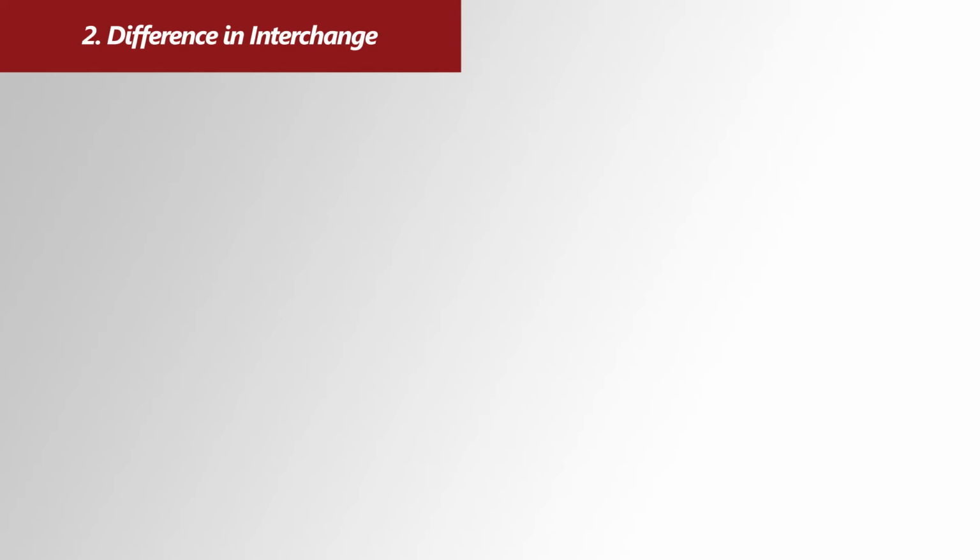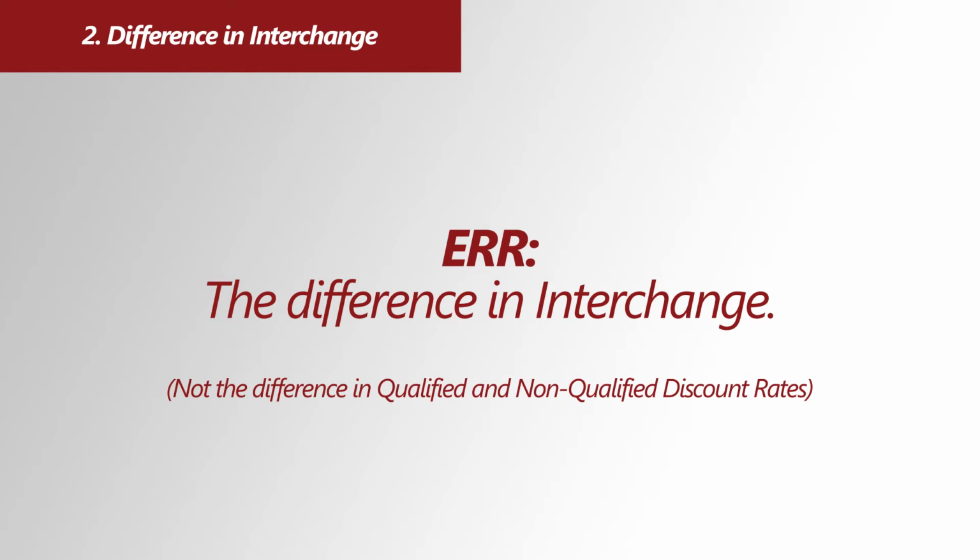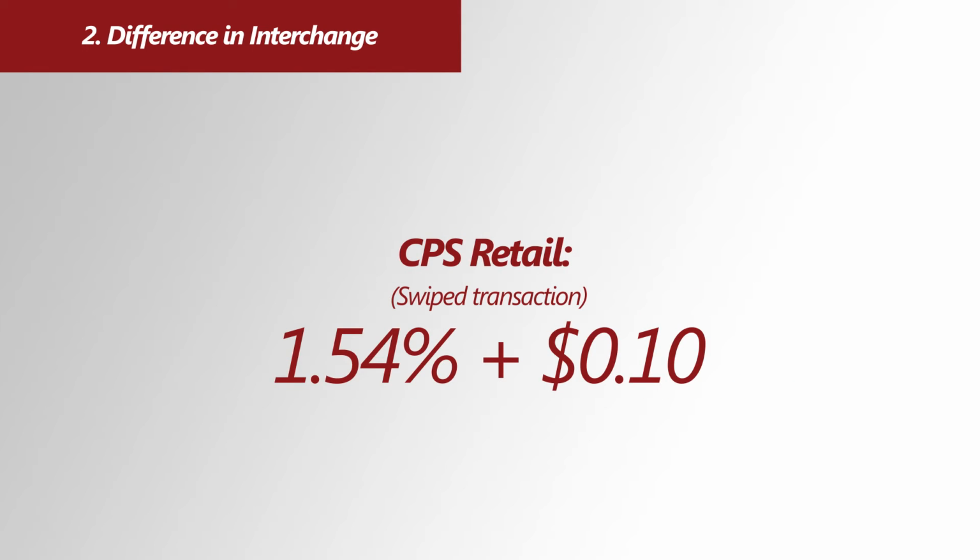Number 2, the difference in interchange. With ERR, the important thing to remember is the difference in interchange and not the difference in qualified and non-qualified discount rates. A swiped retail transaction qualifies at the interchange category of CPS retail, which is 1.54% plus 10 cents.